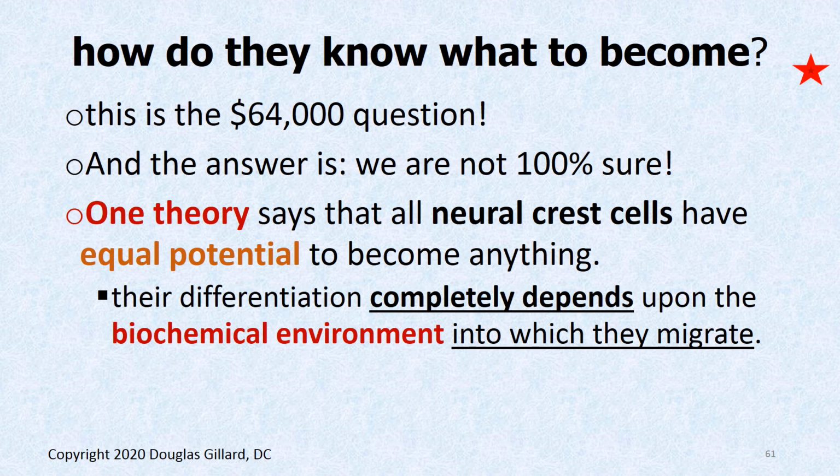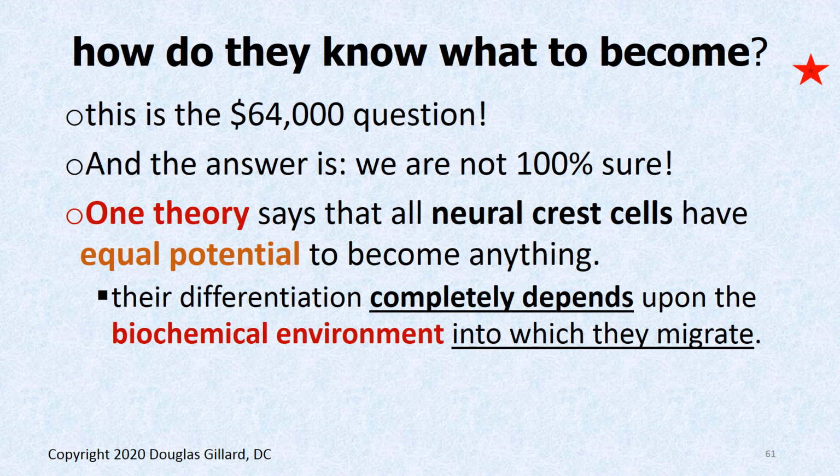So how do they know what to become? How do neural crest cells migrate to the ethmoid region to become the ethmoid bone? How do they know that? And we're not 100% sure on that. But there are two camps. One theory says that all neural crest cells have equal potential to become anything.